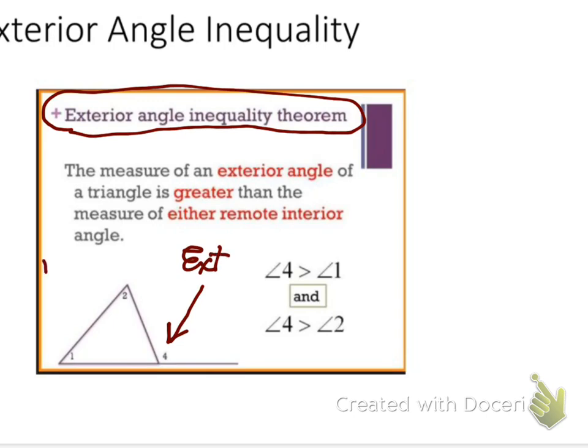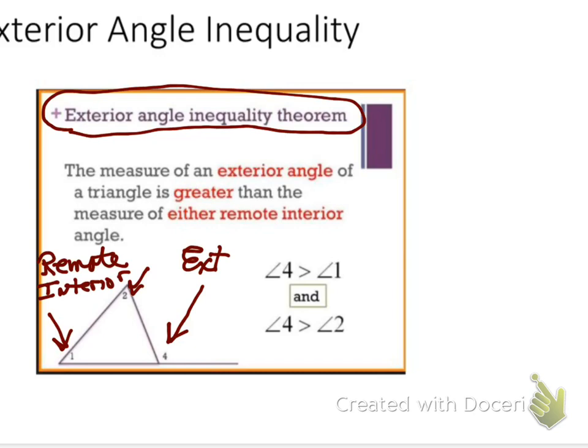Then we have 2 remote interior angles, which means far away from the exterior angle. There are 2 of them. One is number 2 and one is number 1. This is telling me that the exterior angle has to be greater than number 1, and it also has to be greater than number 2.